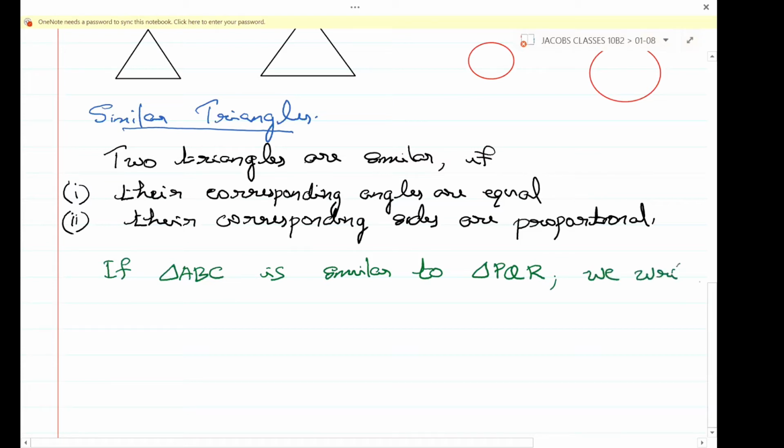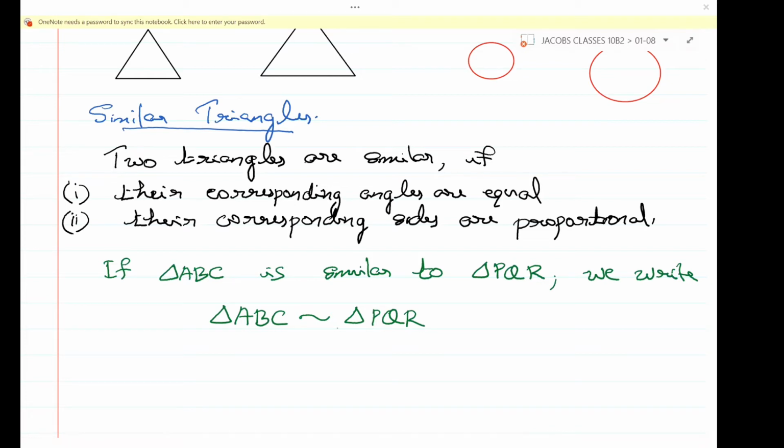We write triangle ABC. Do you remember in congruency we were using an equal to symbol? For similarity, the equal to is not there because shapes and sizes are not equal, only this one. How to read this symbol: is similar to. So this means triangle ABC is similar to triangle PQR.